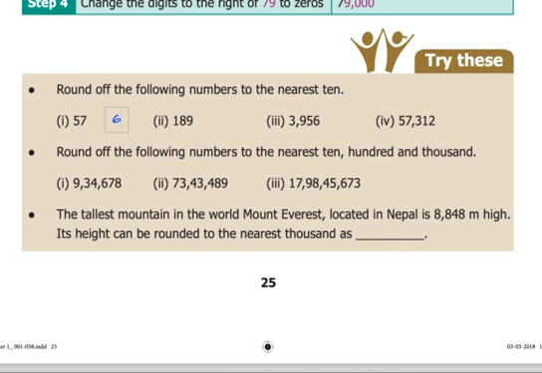This one, 190. This one, 4,000, because this digit is 5, the next digit is 6. 6 is more than 5.